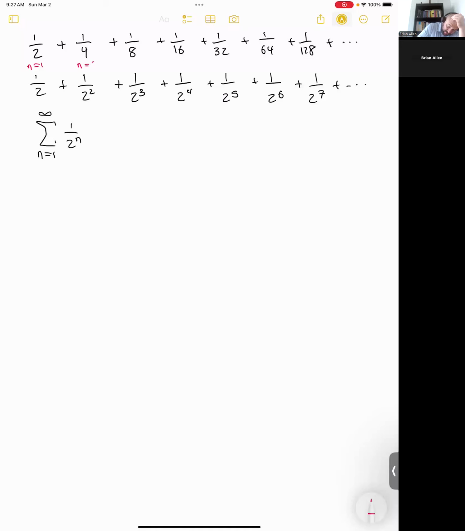Then you go to n equals 2, n equals 3, n equals 4, so on and so forth. I'll just finish out. And you keep stepping the n up by 1 and adding the term that you get when you do that. Okay, so this is just a nice compact notation that mathematicians use to discuss these infinite sums.